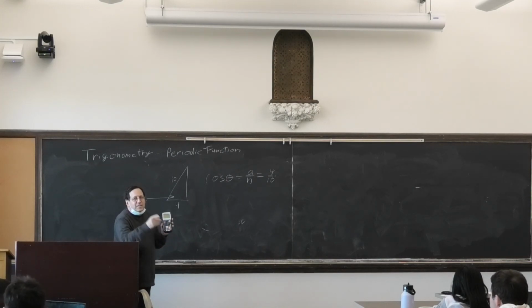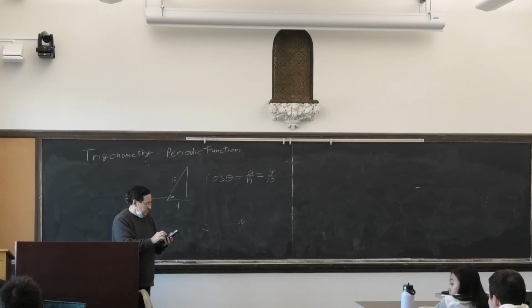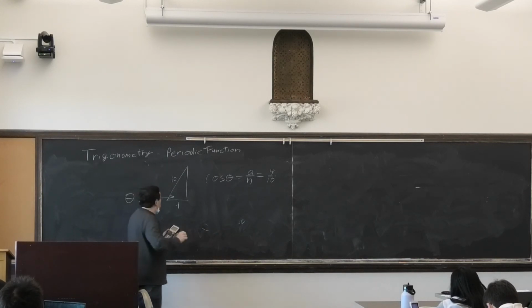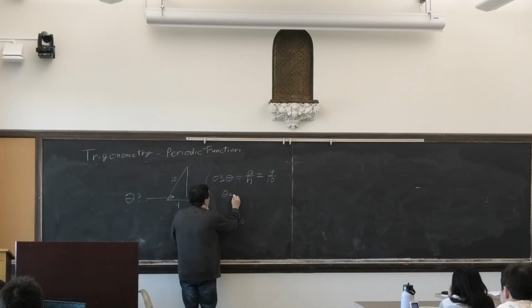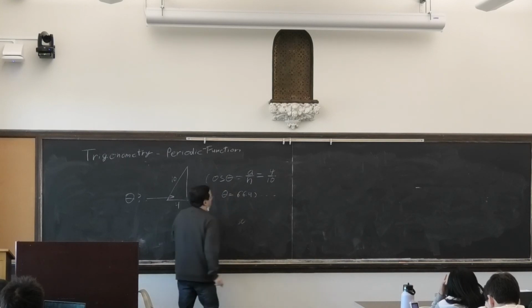The radian? Yeah, yeah. I left it in gradient mode. Oh, foolish. Okay, now I have to do it again. Cosine inverse 4 divided by 10. A equals 66.42, blah, blah, blah.